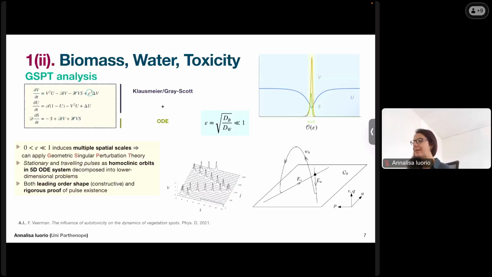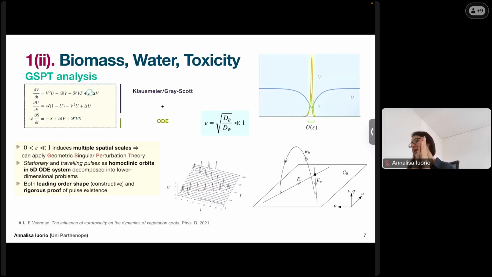Okay, so each of the variables has a part that evolves on a fast scale and a part that evolves on a slow scale. Hopefully in the sketch on the upper right, you see that both V and S have this type of peak. Actually, S is a little bit smaller, but has a peak exactly below the biomass, because toxicity is produced by biomass.